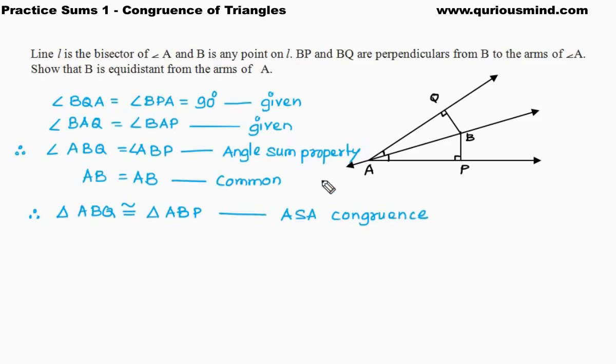And once they are equal, we know that BQ is equal to BP. Corresponding parts of congruent triangle, and that's proved.